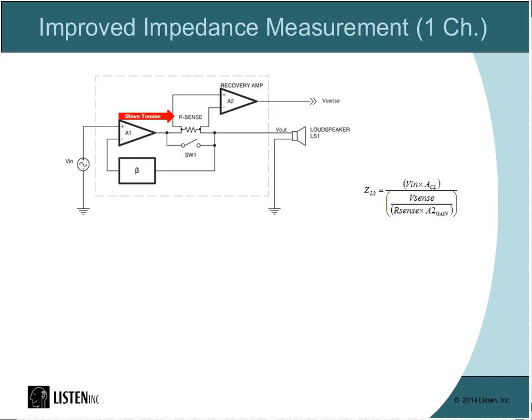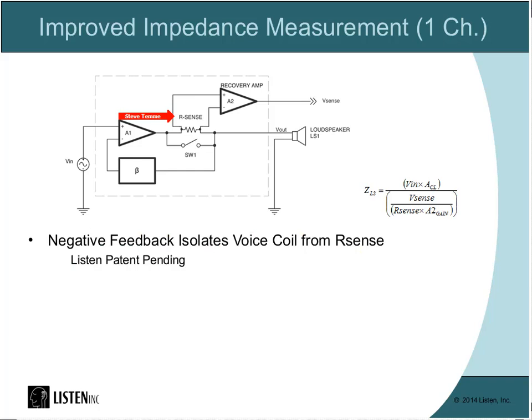And this has several benefits. Because of the negative feedback, we've isolated the voice coil from the sense resistor. We've applied for a patent on this. And as I mentioned, it's used both in SoundCheck Amp, SCAMP, as well as Amp Connect.